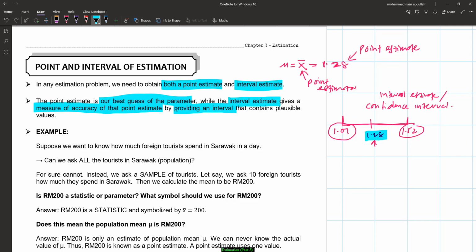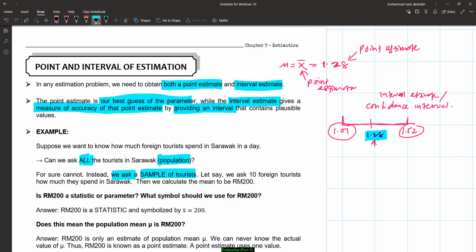Suppose we want to know how much foreign tourists spend in Sarawak in a day. We can ask all the tourists in Sarawak, which is the population, right? But it is quite impossible to get all the tourists to respond to our study. So instead, we ask a sample of tourists.